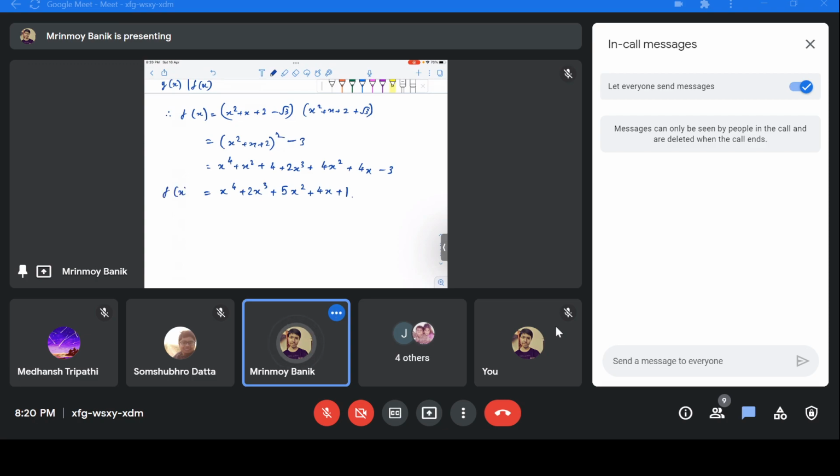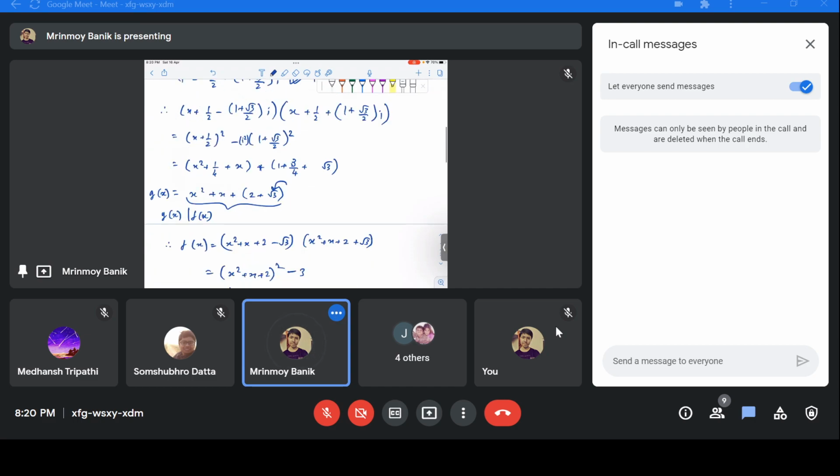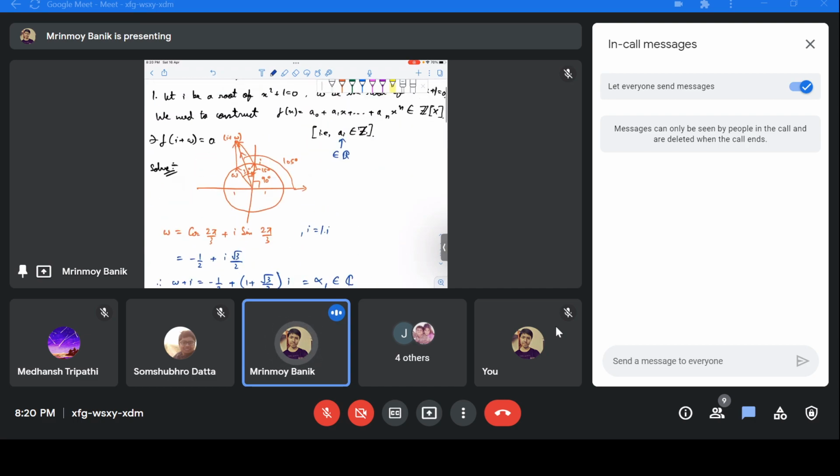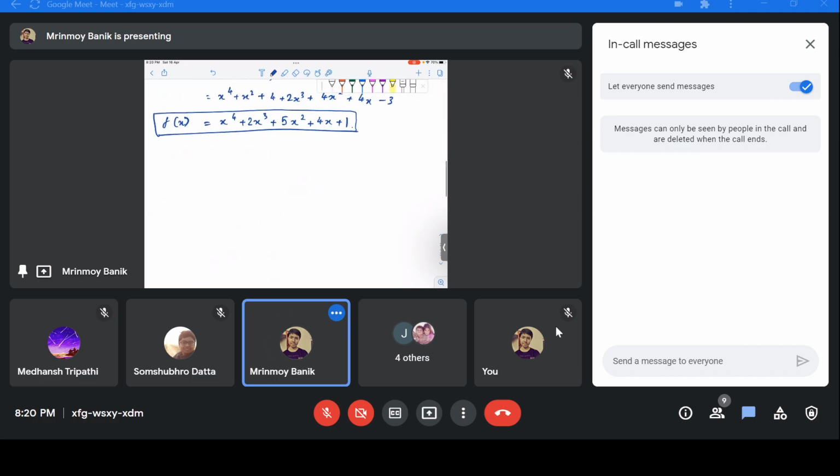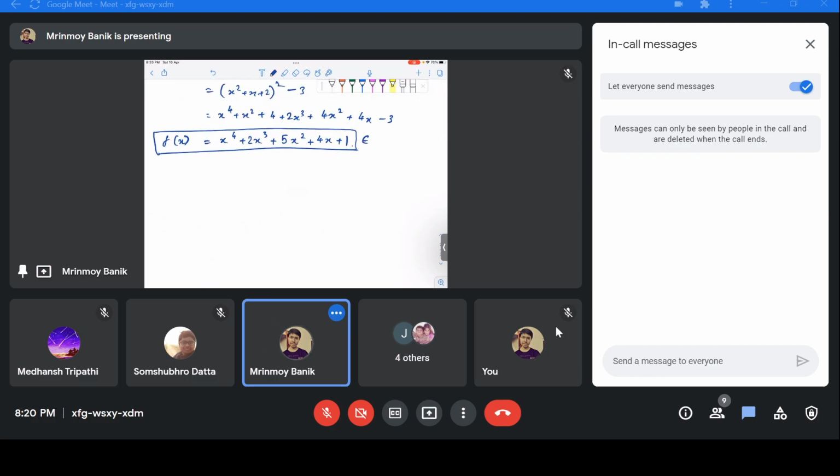So that is the minimum possible polynomial f(x) such that iota plus omega is a root of f. And as you can see, all the coefficients are integers also. So it's in Z[x].